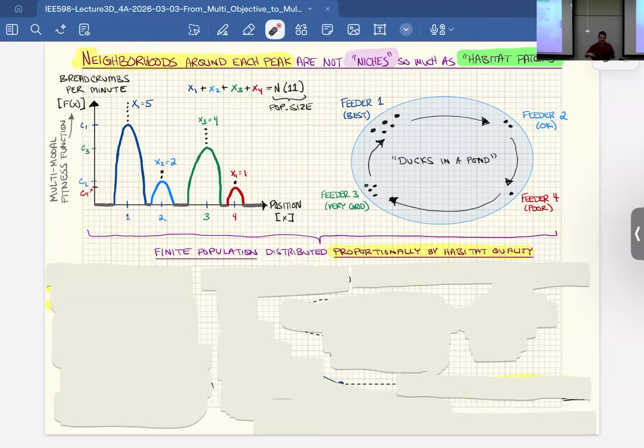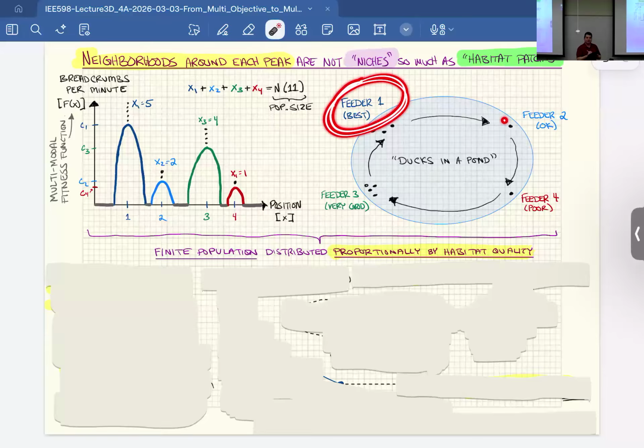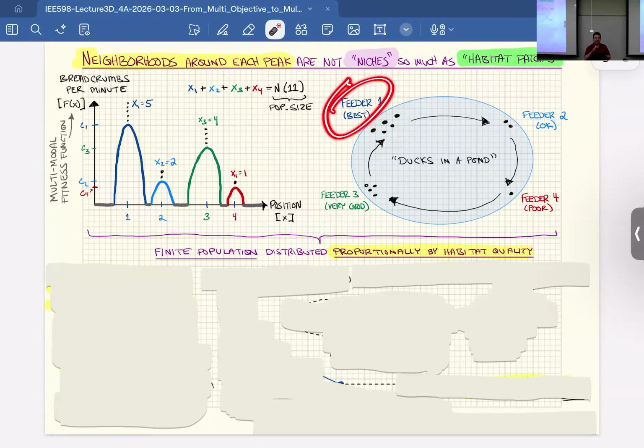So the next duck, if it can get 7 breadcrumbs a minute over here, even though the absolute number of breadcrumbs is higher there, there is a density penalty so that the individual doesn't feel the high quality. They feel the depressed quality. This is fitness sharing. And so then they end up going elsewhere.